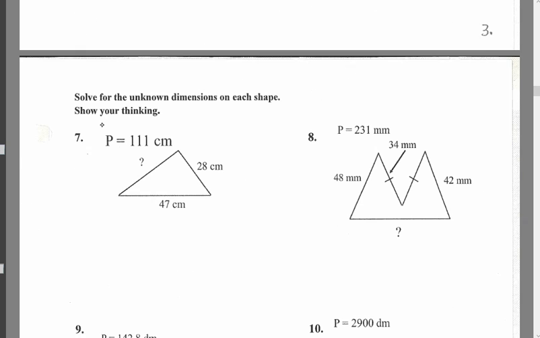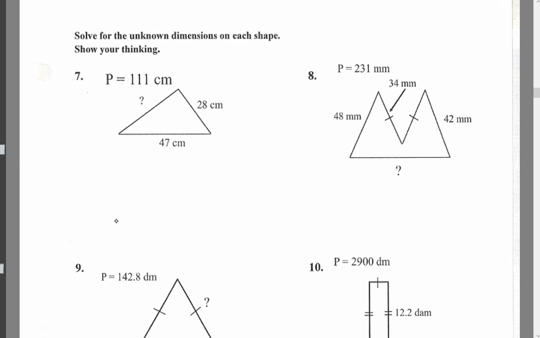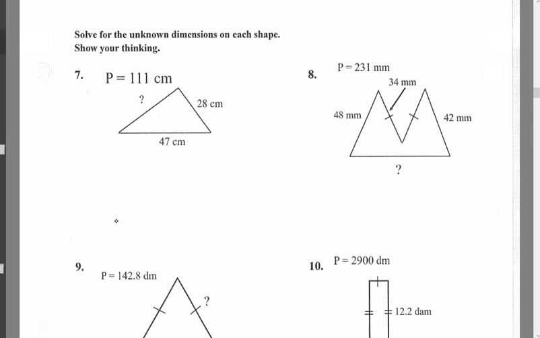If we take a look at page 4, number 8. Now these questions, which you're going to be expected to do, are a little bit more involved because they have some algebra. The reason they have algebra on them is if we look at the instructions at the top, it says solve for the unknown dimensions on each shape. Because this time, let's take a look at number 8.